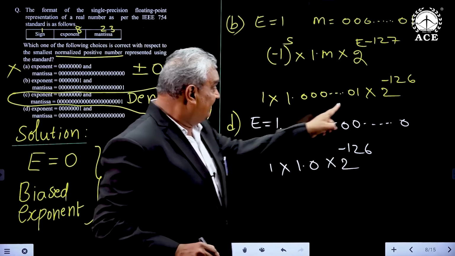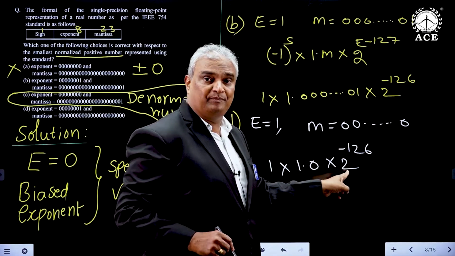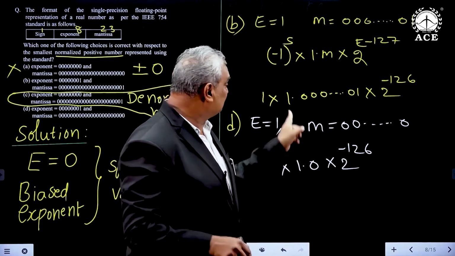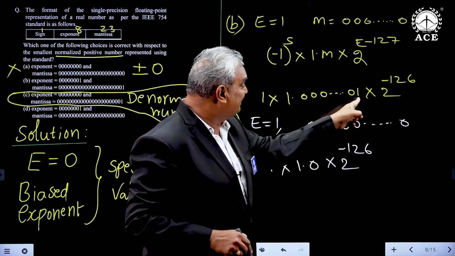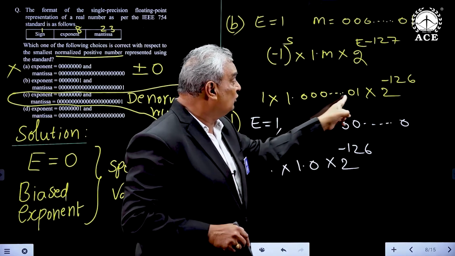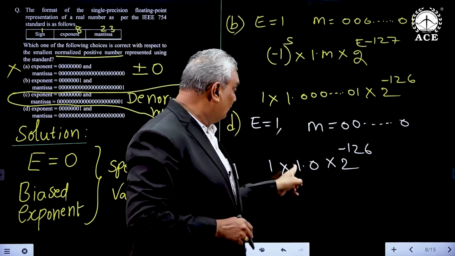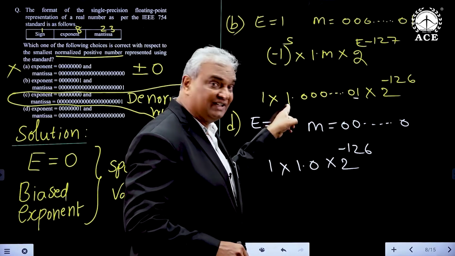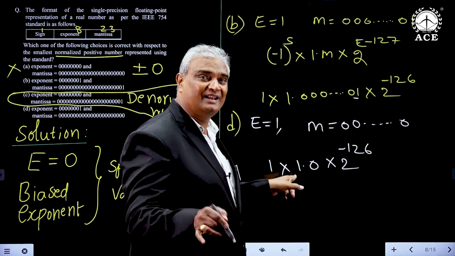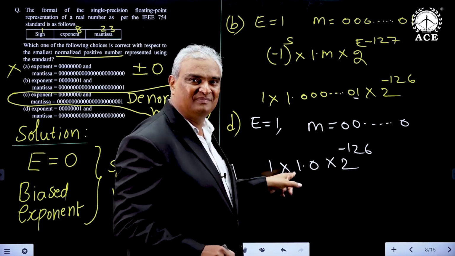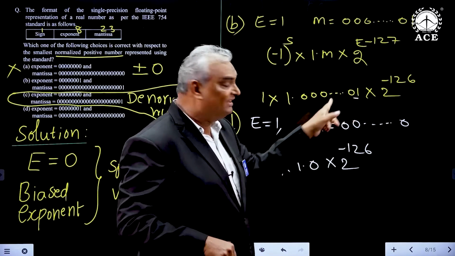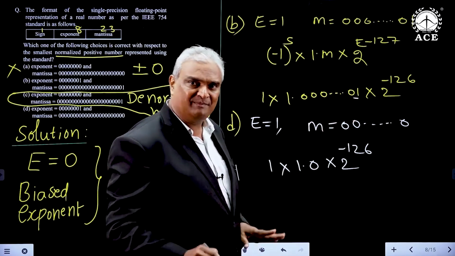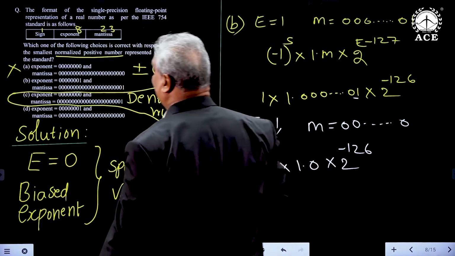Here, this value and this value are the same, but the difference is only in the mantissa. This mantissa is 1 followed by 22 zeros and a 1. Here it is 1.0 only. So compared to this one, this mantissa is smaller. What did he ask in the question?